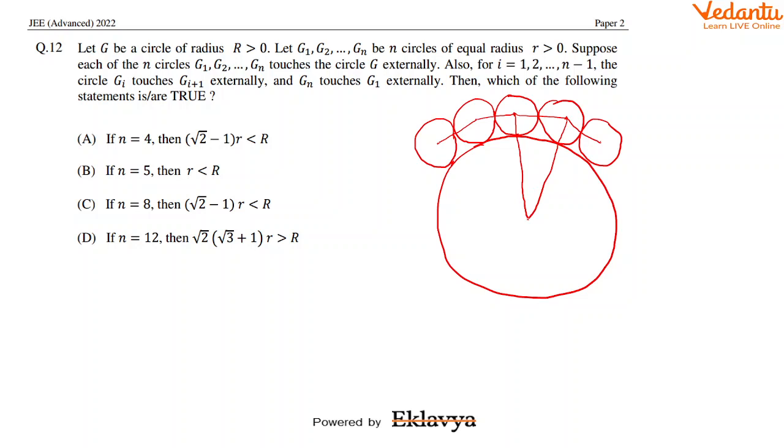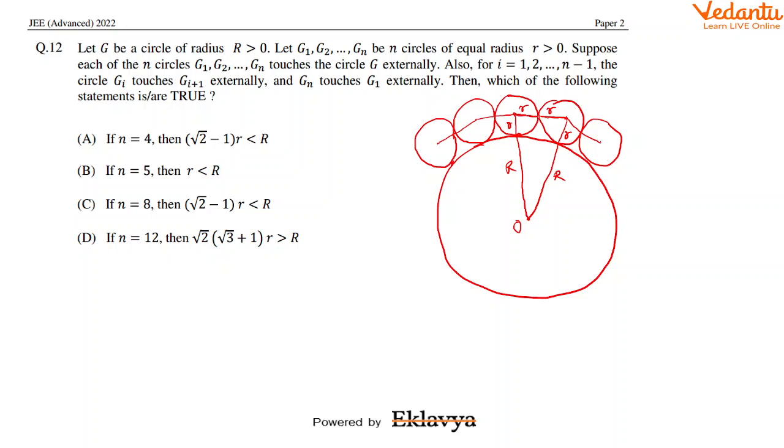There are n circles adjoining the bigger circle, so this is small r, this is small r, and this is capital R, this is capital R. At the center O of the bigger circle, the angle subtended by the segment joining centers of consecutive smaller circles G1, G2 would be 2 pi by n, because there are n sides if we join the centers of the circles G1, G2, ..., Gn.